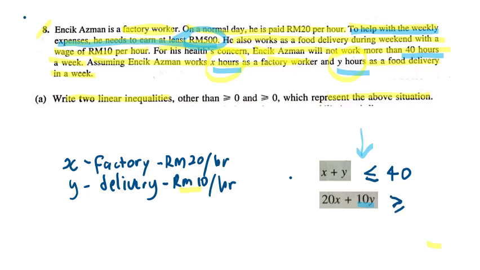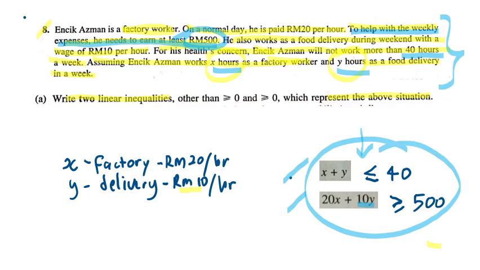So 20x plus 10y must be more than or equal to 500. So these are the two linear inequalities for this situation. Can you get it? Quite simple.